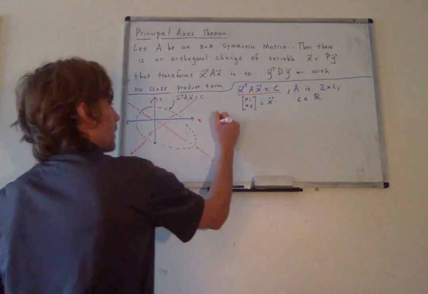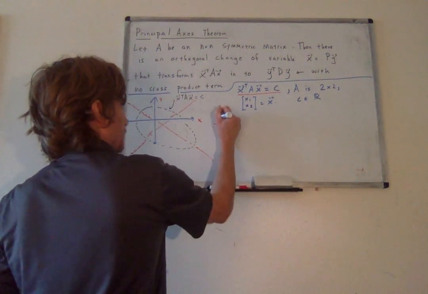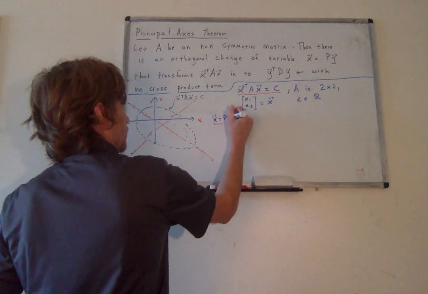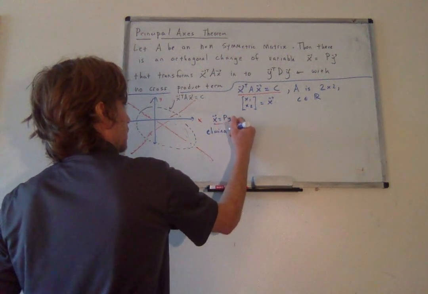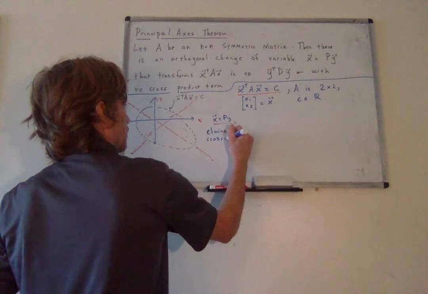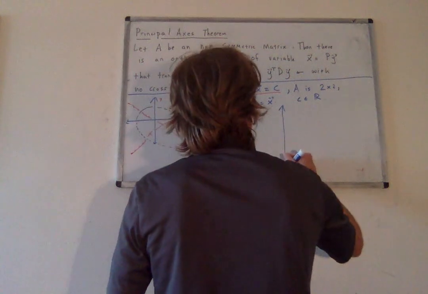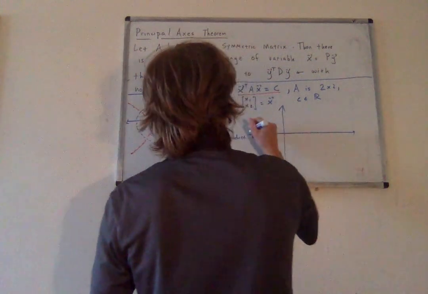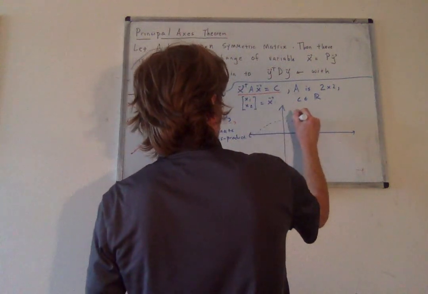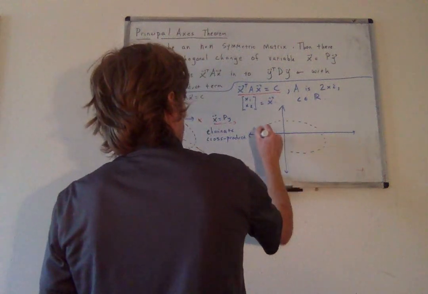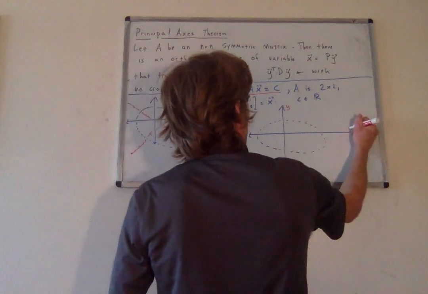But what a change of variable does, so if we make a change of variable x equals p times y to eliminate cross product terms, what we do is we actually take the same ellipse and we just rotate it around the axis so that our ellipse has its principal axes located at the actual x and y axis.